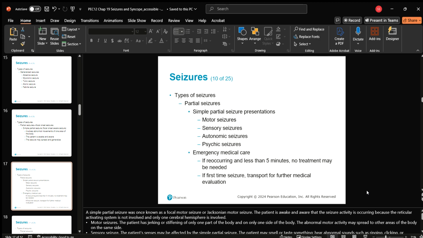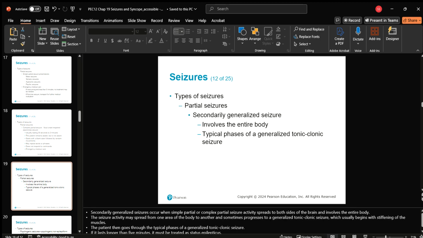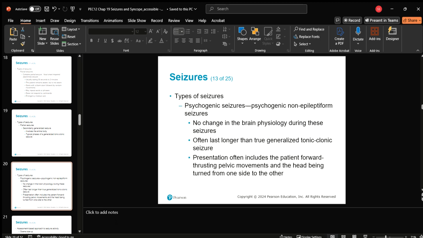So partial seizures, like we talked about, could be motor, sensory, autonomic. If you guys want to look more into this, check out the notes section, because you all have access to these, right? I'm trying to blaze through these, but these are all super important. Let me get to where some of the more important stuff is.